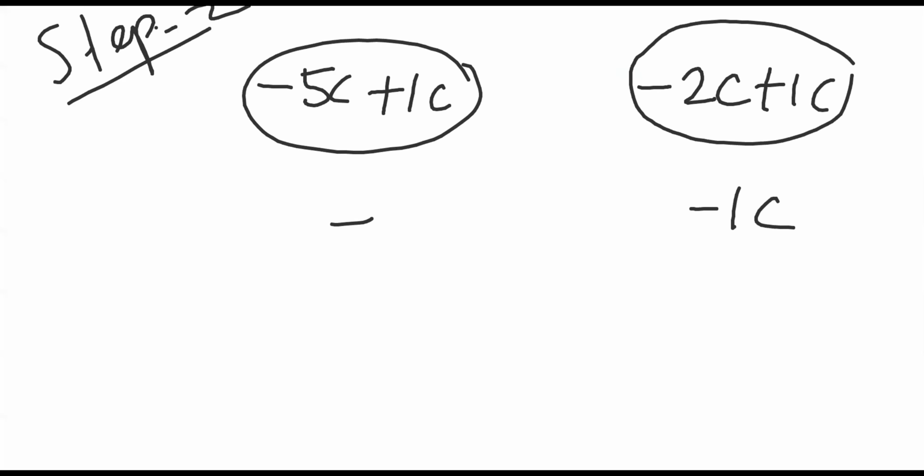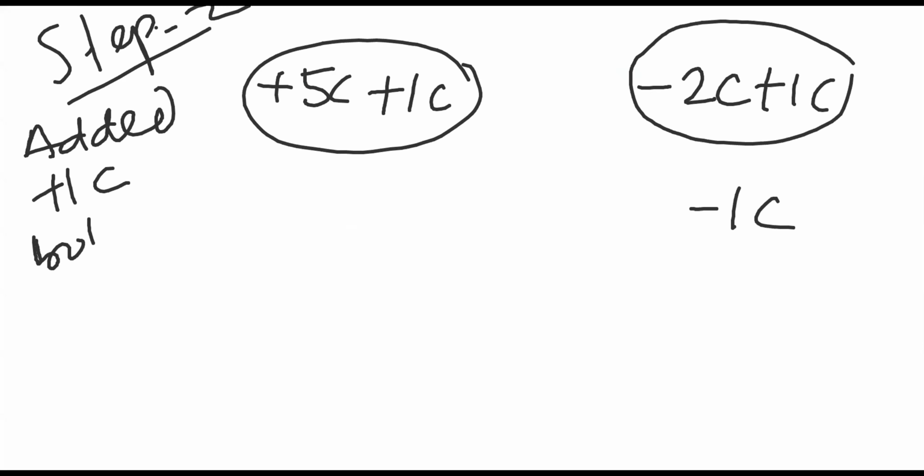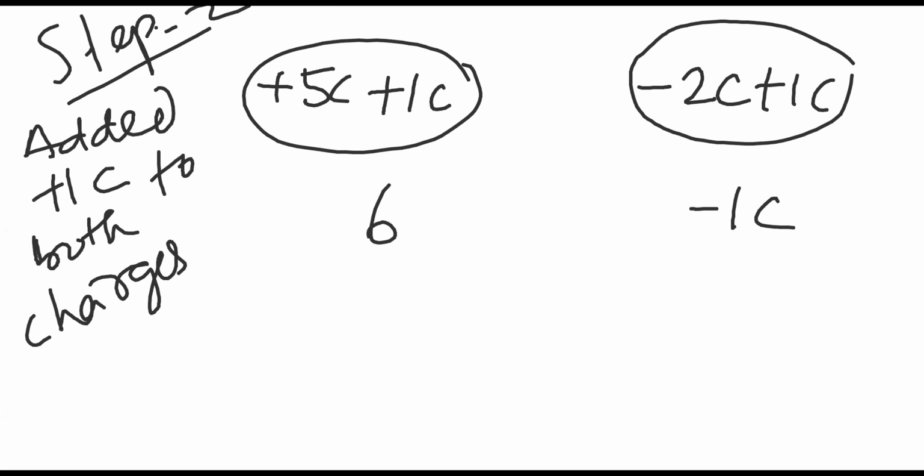Sorry, here plus was there, right? Initially it is plus 5. That means I added plus 1 coulomb to both charges. Remember this, both charges. Then it will become 6 coulomb.